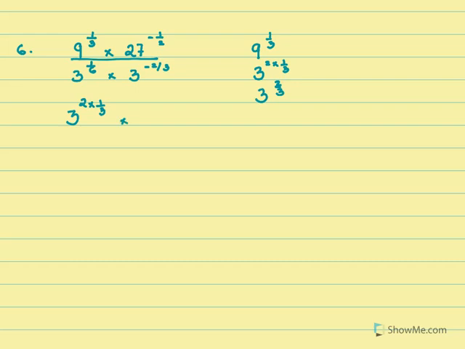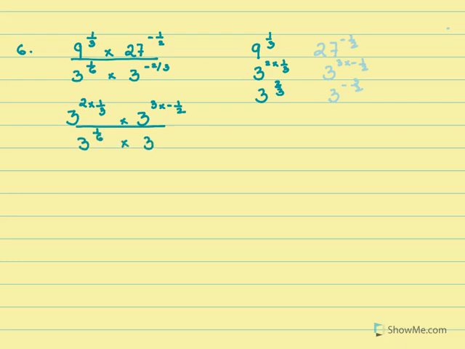Now for 27 raised to minus 1 by 2. Now you know 27 is 3 raised to 3 into minus 1 by 2. So it will be 3 raised to minus 3 by 2. So that's exactly what I'm going to do here. So 27 is 3 raised to 3 into minus 1 by 2 over, this is 3 raised to 1 by 6. I cannot do anything more to it.